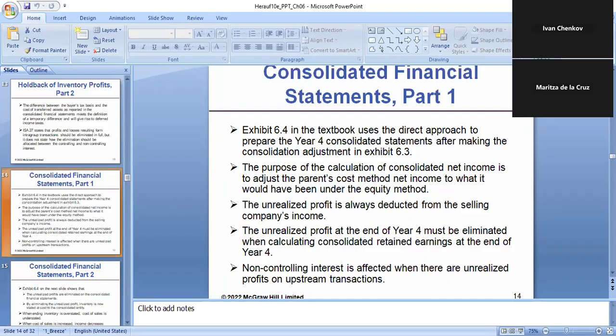Let me take a look at the textbook and find where exactly this is, Exhibit 6.4.